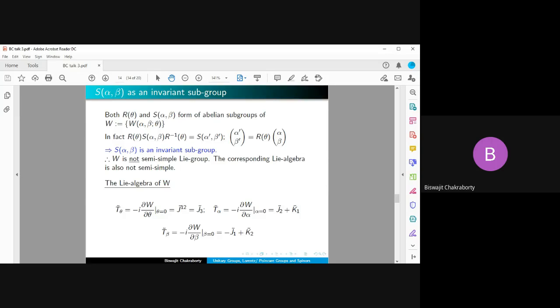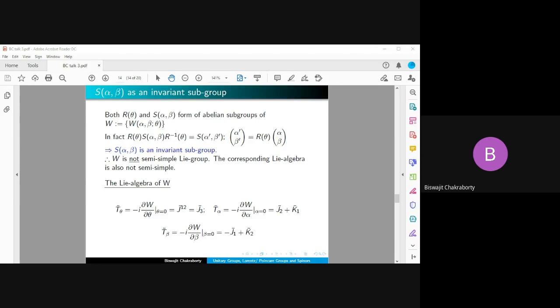R theta corresponds to cos theta, sin theta, minus sin theta, cos theta. So here some rotation is involved. So it shows that it is an invariant subgroup. The entire S alpha beta is an invariant subgroup. The fact that it is an invariant subgroup and it is abelian shows that it is not a semisimple Lie group. The corresponding Lie algebra is also not semisimple.